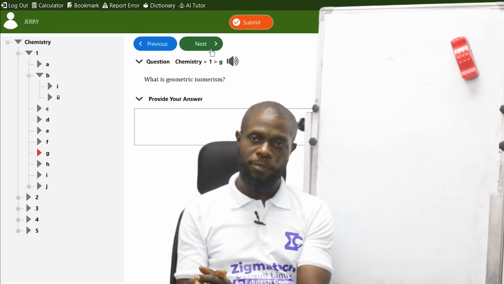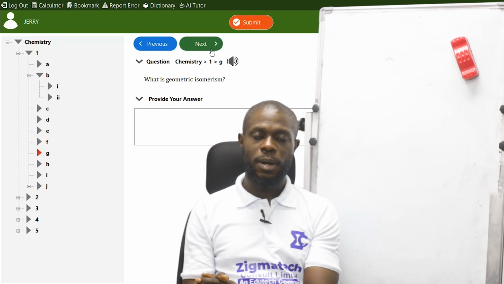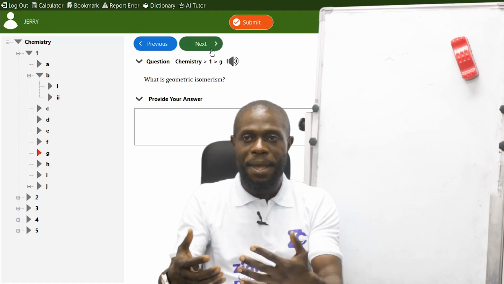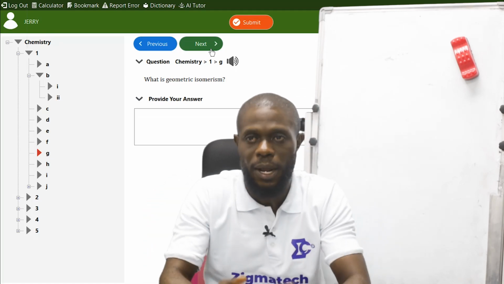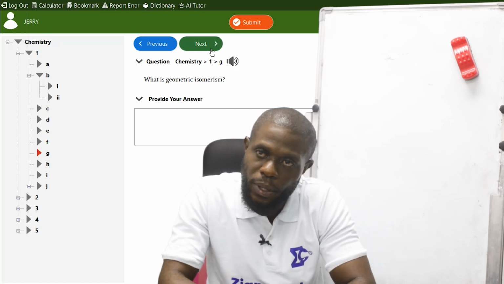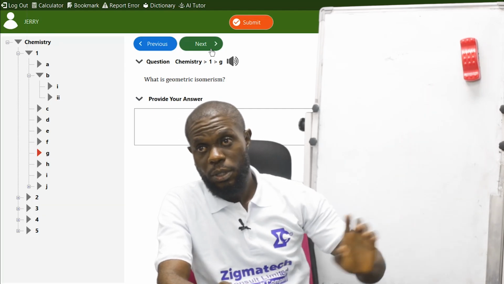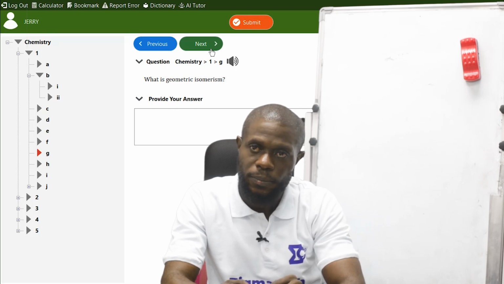This talks about the shapes of molecules. So in essence, their structure is different, but they have the same molecular formula.